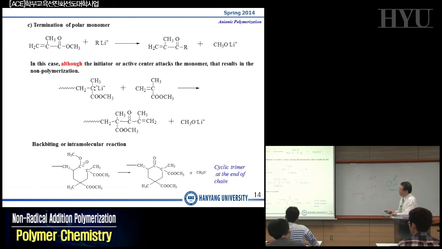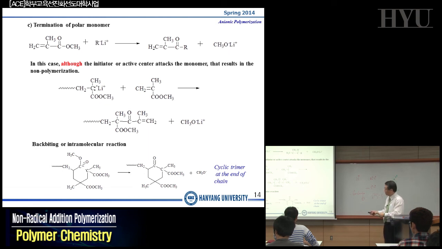Finally, backbiting, or intramolecular reaction, is also possible to be regarded as a terminating step. Backbiting is the one where, when you have a long chain, the chain end will be negatively charged. But instead of attacking the monomer, the end of the chain will be folded to attack this main chain, something like this, okay?